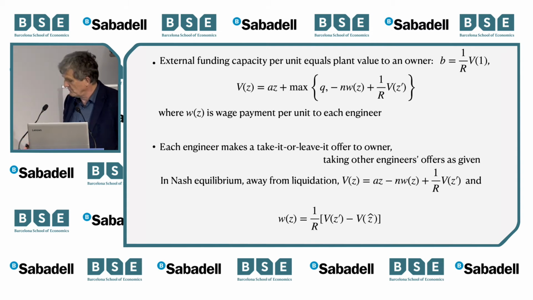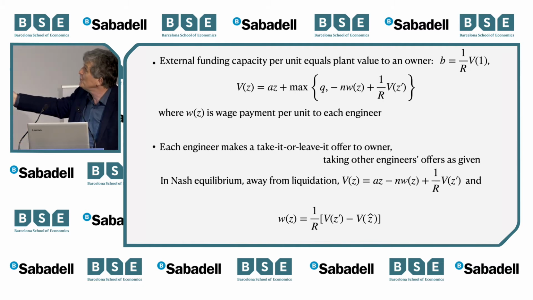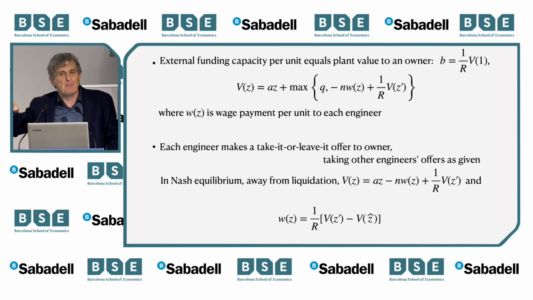So, given all that, and this is actually rather critical, assuming we're not at the part of the parameter space where you do want to liquidate. Let me just give the game away here. Z lower bar, which remember is the bottom end of the possible Z distribution, is sufficiently high relative to Q that you don't want to liquidate.